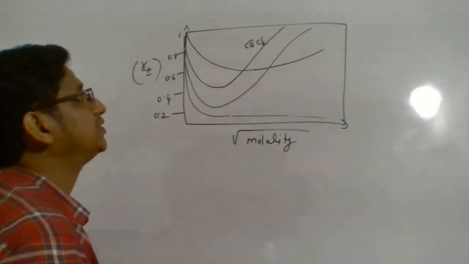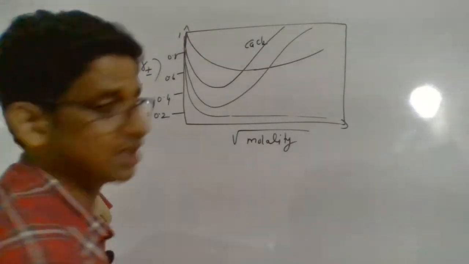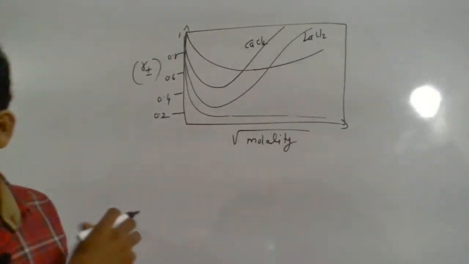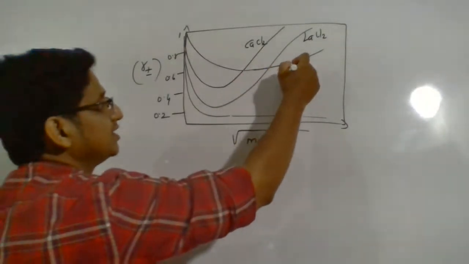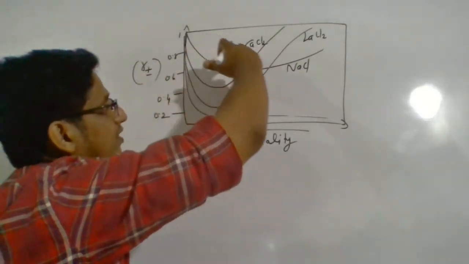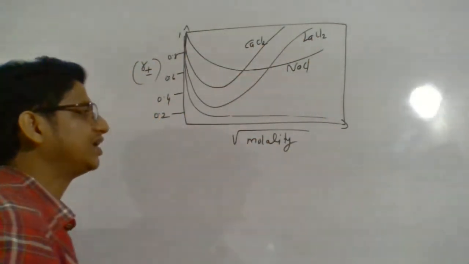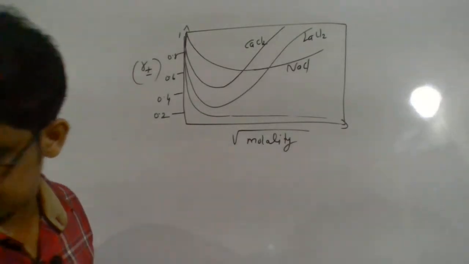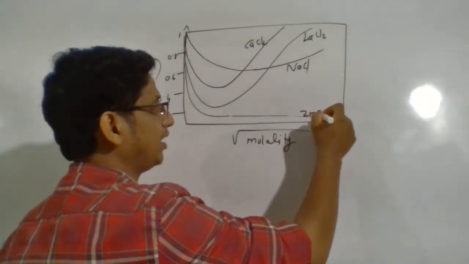That's the way you observe it in the case of CaCl2. For lanthanum chloride, it's a similar type of graph, but NaCl you can see is different: higher at high dilution, then it decreases, then a slight increase. For zinc sulfate, this is again different.